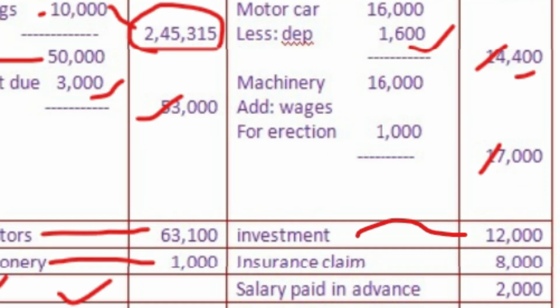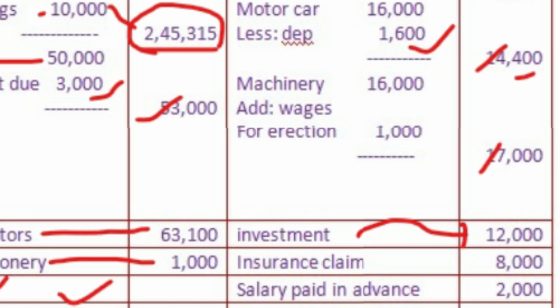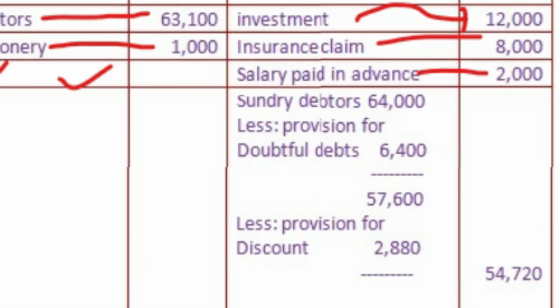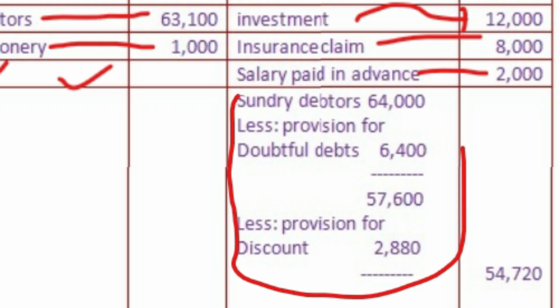Investment from the debit side of the trial balance 12,000, insurance claim 8,000, salary paid in advance 2,000, and the sundry debtors balance is adjusted in this manner in the balance sheet.